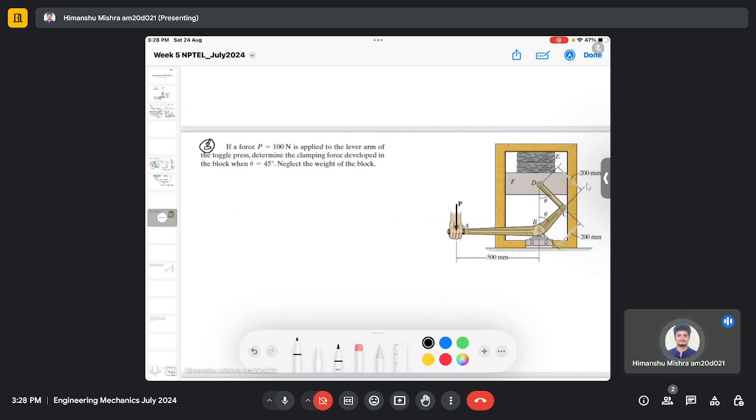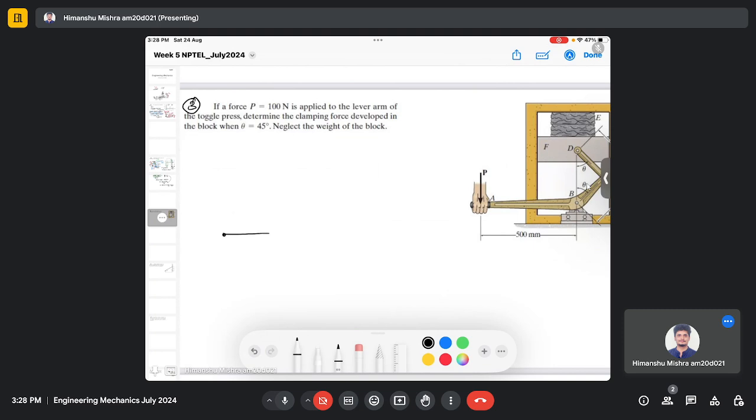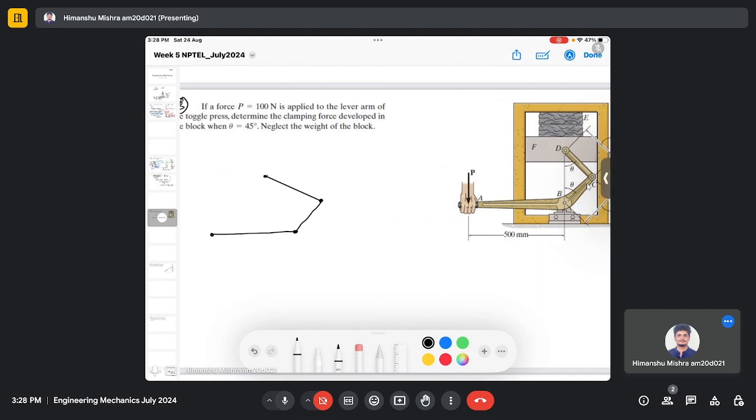So we have the problem, and we need to determine the clamping force which is acting here.